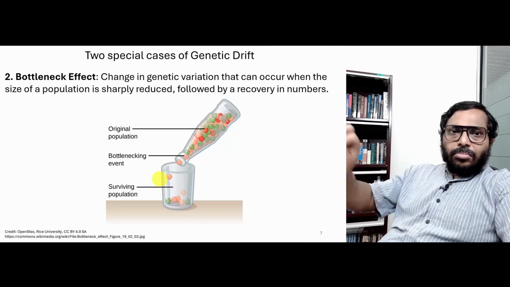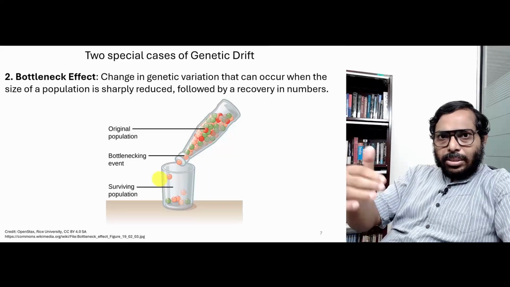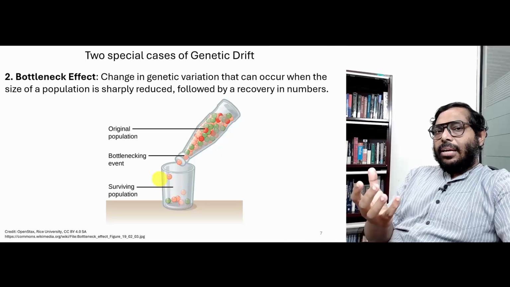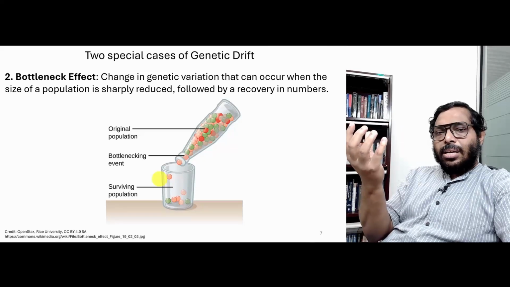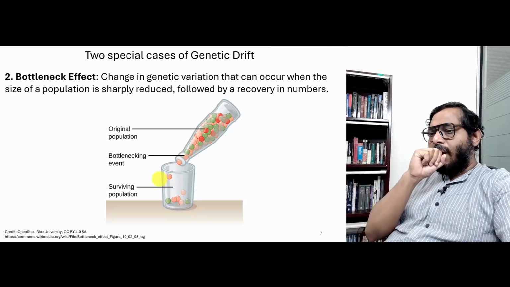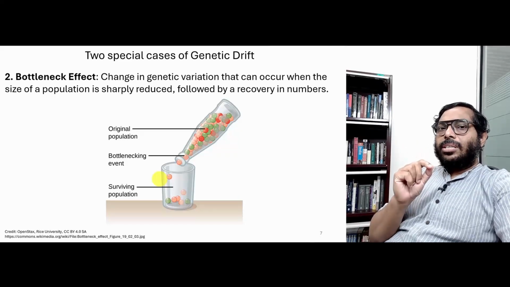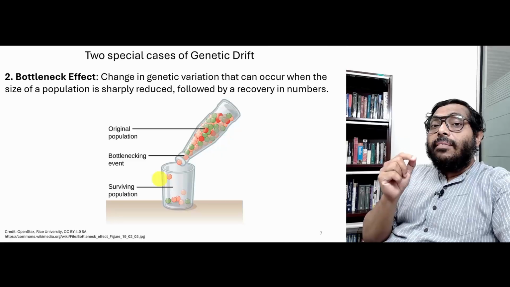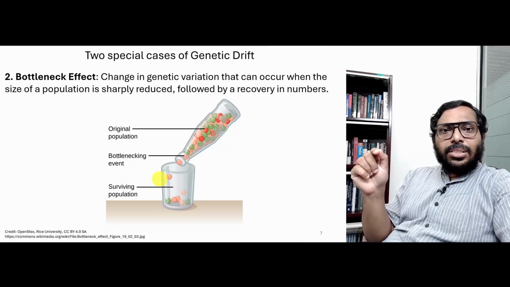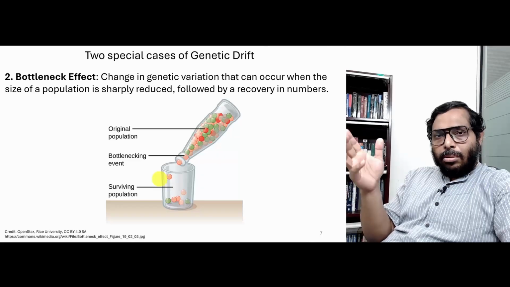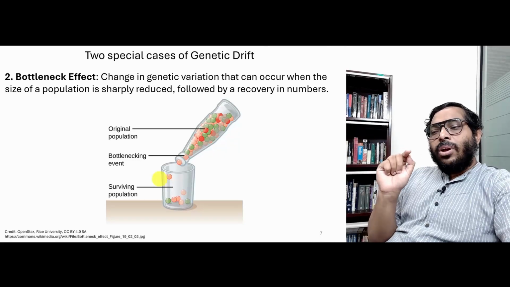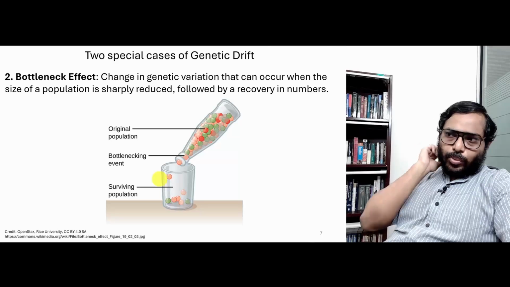And now you shake the bottle a bit, some marbles come out, some beads come out, and that represents the fact that a small subset is what is left due to your whatever environmental catastrophe, and the surviving population now has a very different composition, which is what you see over here. The bright orange marbles or the beads have been completely lost, and now the population only consists of green ones and light orange ones.